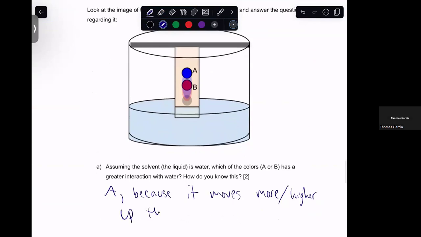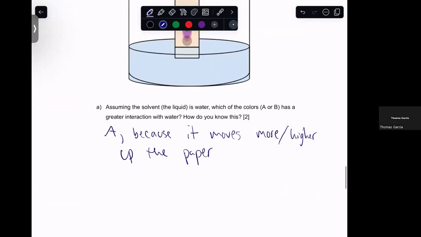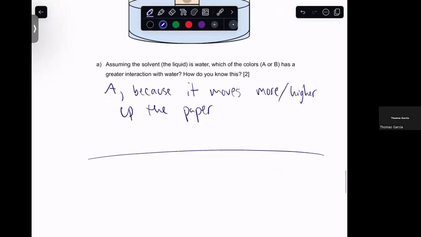A good way to sometimes think about chromatography is if you have a flowing stream of water moving in one direction. Something that interacts really well with the water, like maybe a little toy boat, is going to move with the current of the water.